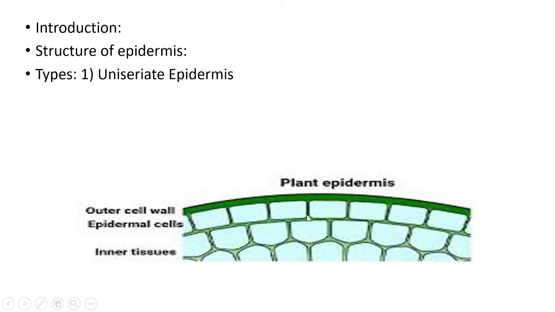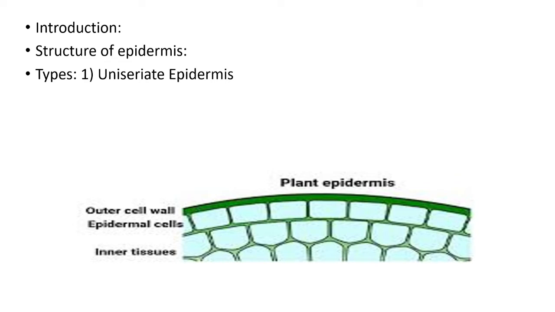They are horizontally flattened and remain parallel to the surface of the organ. Usually intercellular spaces among the epidermal cells are there, but in some plants they are absent. Chloroplasts are absent in epidermal cells except in the specialized guard cells of stomata. These cells also contain crystals of calcium carbonate to form cystoliths, for example in Ficus and Arum plants.